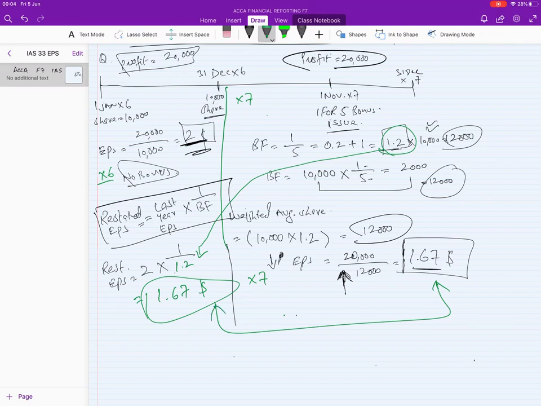So this is your restated EPS. To calculate restated EPS: last year EPS multiplied by 1 divided by bonus fraction.